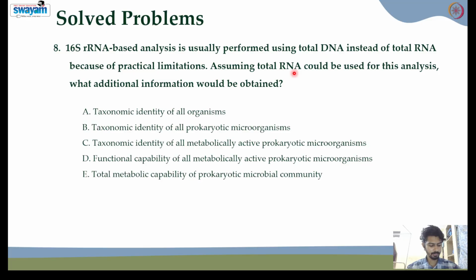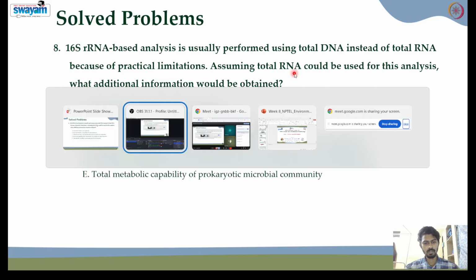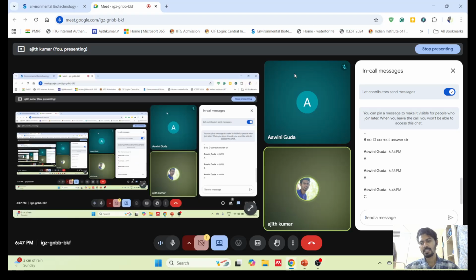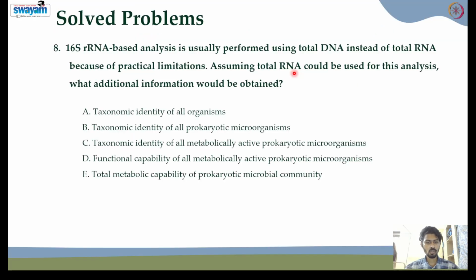And your answers are... what additional information you will be getting if you are using RNA as a template. So what is the answer? Option C. Okay. What is option C? Taxonomic identity of all metabolically active prokaryotic microorganisms. Okay.